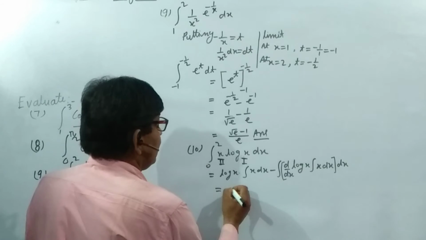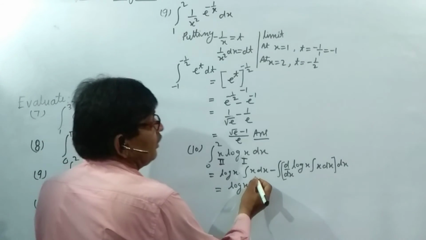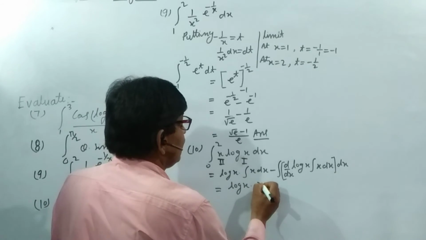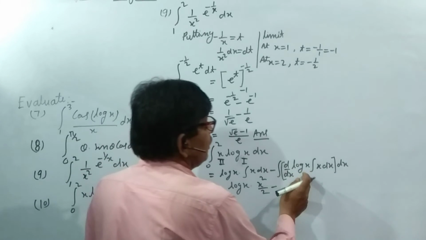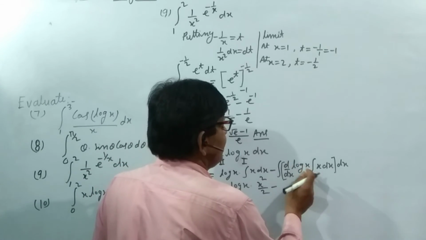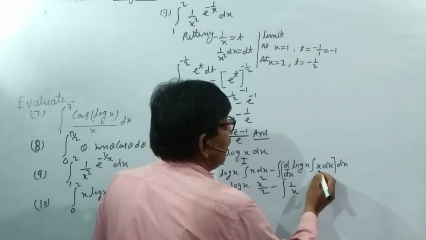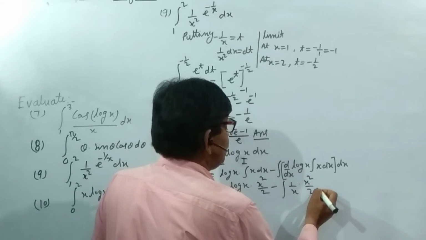This is log x here, x to the power n plus 1, so that x to the power 2 by 2, minus log x, differentiation of log x is 1 by x, and this is x square by 2 dx.